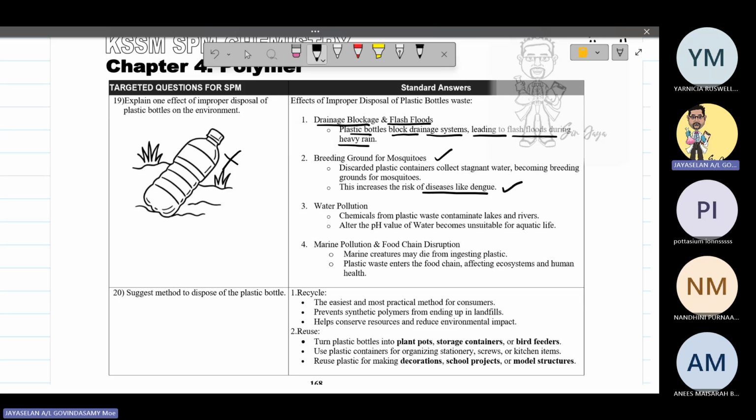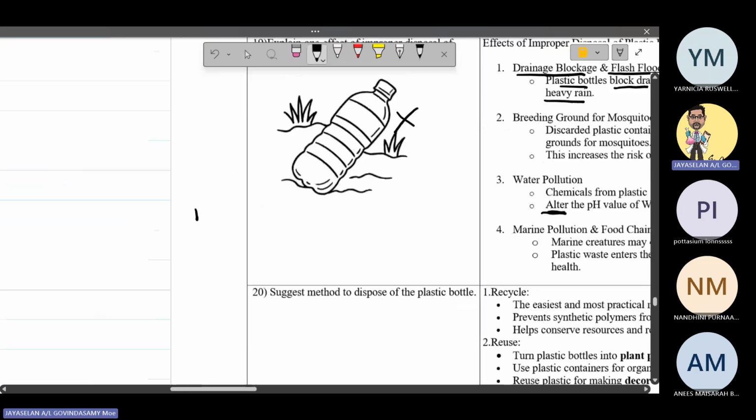So you put here the rubber waste can contaminate the water, lake, and can pollute, alter the pH value, must put alter, don't put increase or decrease, and the pH value of water becomes unsuitable for aquatic living things or kills the aquatic living things. Understand? Any question?